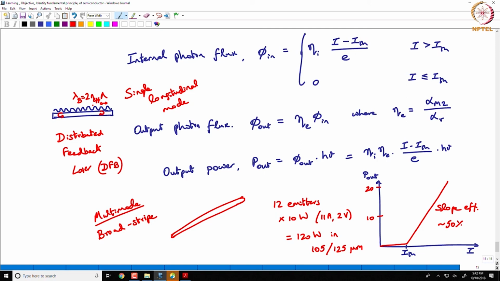These are the slope efficiencies, the numbers that I am quoting, these are all typical laser diodes that you get, right. So, this is not some exotic laser, and this one, like I said, to get 10 watts you are pumping in only 11 amps, that is something everybody can make these days, right. So, that is readily available.